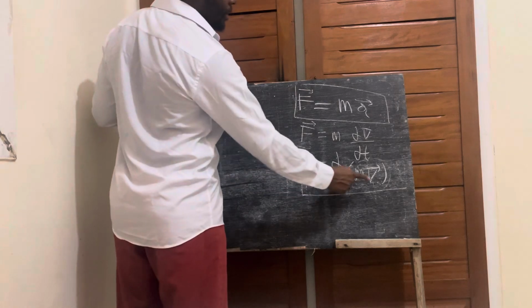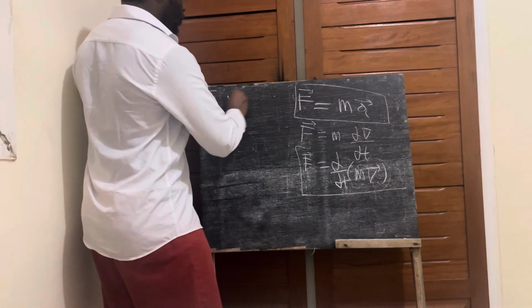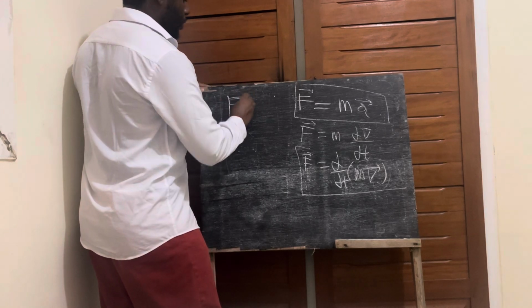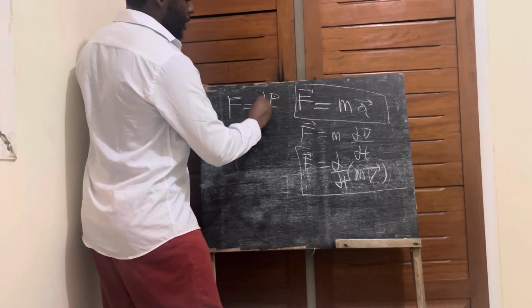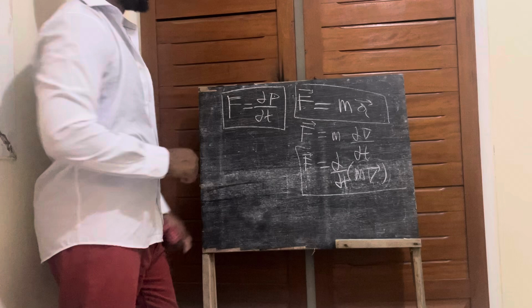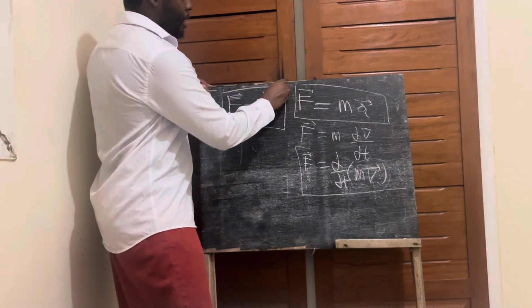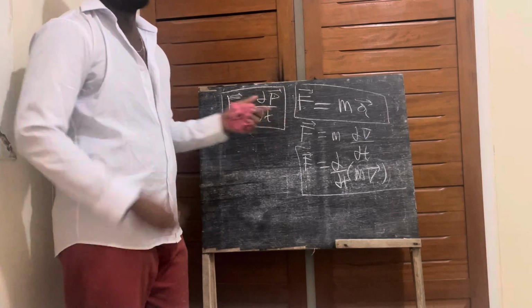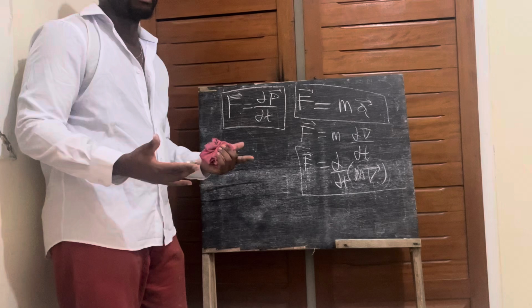Another way to write this is to call it P, and the equation now takes the form F equals dP/dt, the derivative of momentum. Force is equal to the derivative of momentum, a vector quantity. Now, I just rewrote the second law.